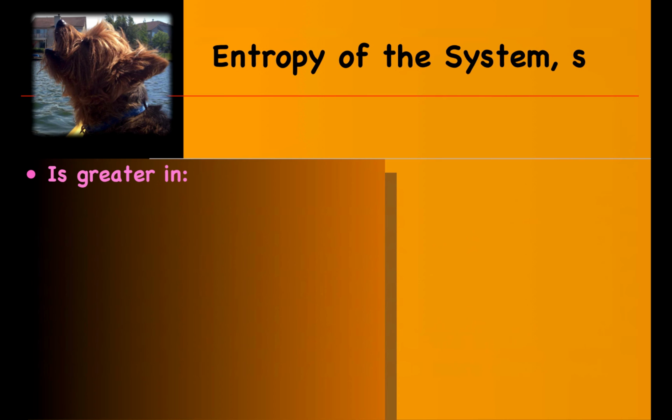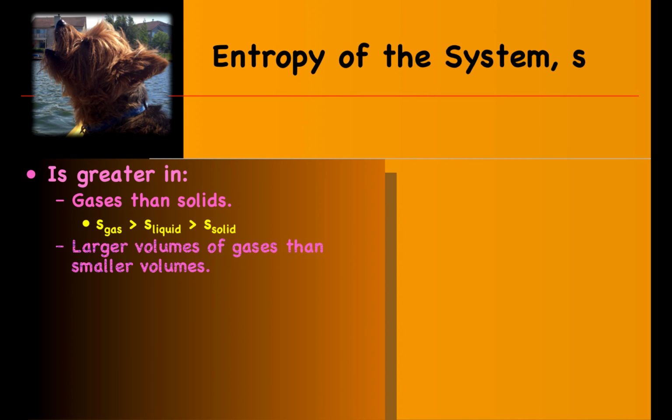Well, let's look at entropy of various systems. The entropy is greater in gases than in solids. The entropy of a gas is greater than the entropy of a liquid, greater than the entropy of a solid. Larger volumes of gases have greater entropy than smaller volumes.